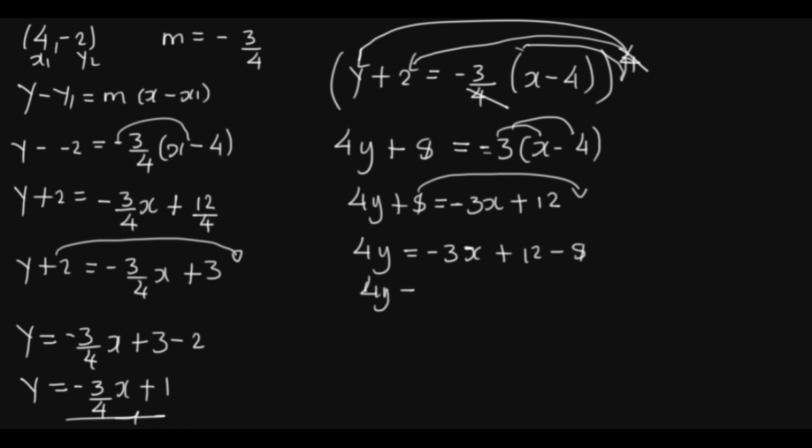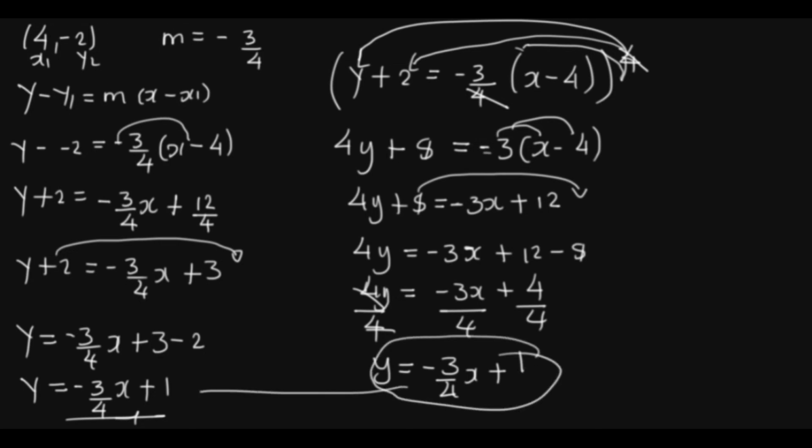So 4y is equal to negative 3x plus, 12 minus 8 is just 4. We divide by 4 over 4 over 4. So when we cancel, we have y is equal to negative 3 over 4x plus 4 over 4 is 1. So we can see that there are many ways in which you can simplify a given problem. It depends on the method that you feel is comfortable for you.